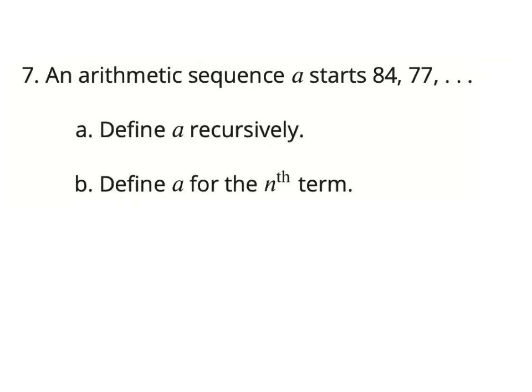Okay, problem 7, arithmetic. As soon as you see the word arithmetic, you're going to write plus, minus, sequence. It starts at 84, and how do you get to 77? You subtract 7. How do I know that? 77 minus 84 equals -7.